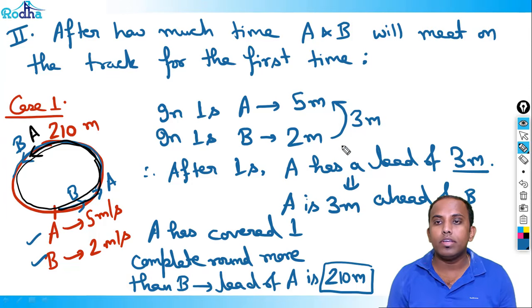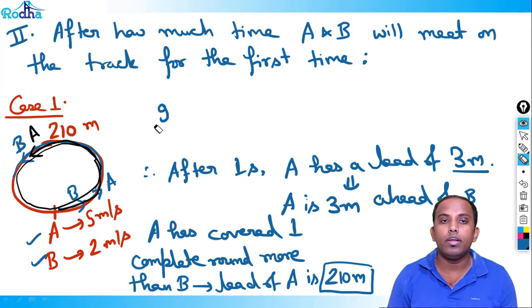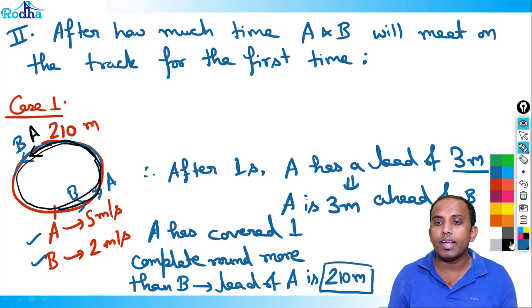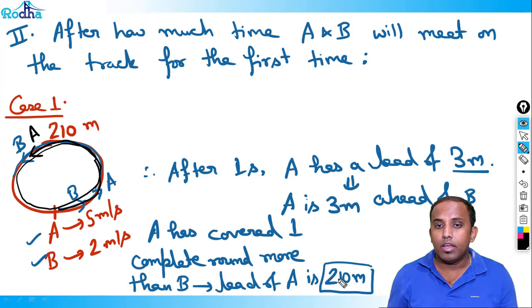So we can simply see here that if A is catching B from behind, or A is meeting B here, then I can directly say that A is 3 meters ahead of B after 1 second.